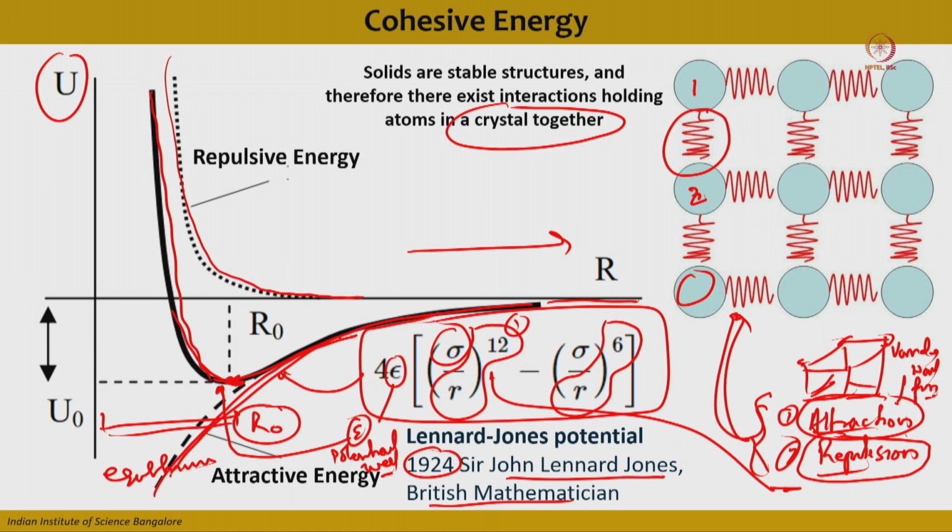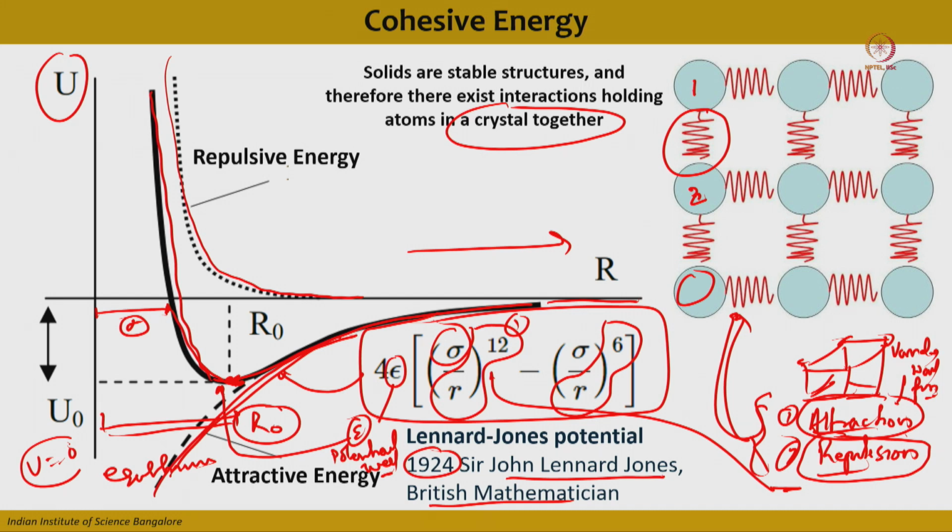Correct. And sigma, what is sigma here? Sigma represents the distance at which your potential energy U is equal to 0. Correct. So this particular distance is related to sigma, where the actual potential energy is 0.